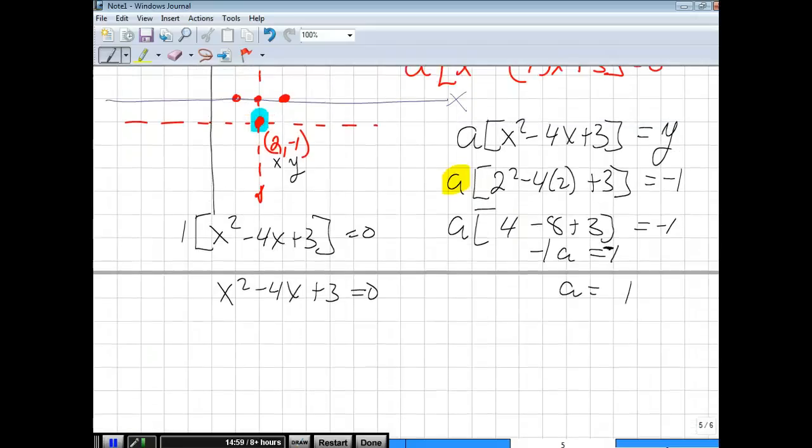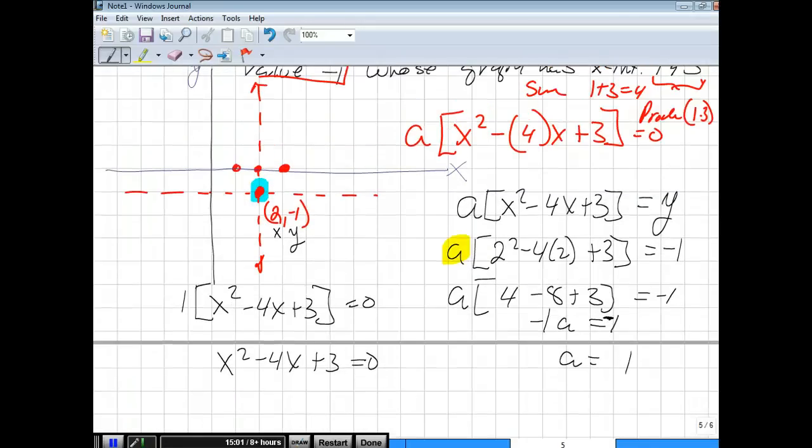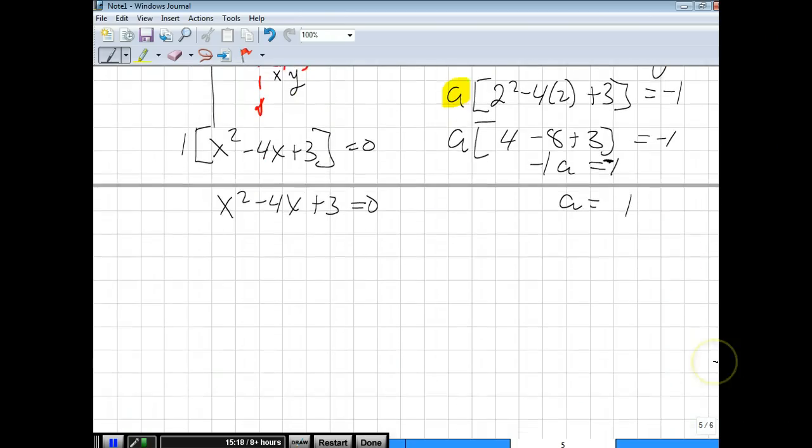And notice that I knew right away I had made a mistake because I know this parabola opens this way. And so it has to be a positive A because if it opened the other way, it would open down. So again, just knowing something about what it's supposed to look like helps you catch mistakes once in a while.